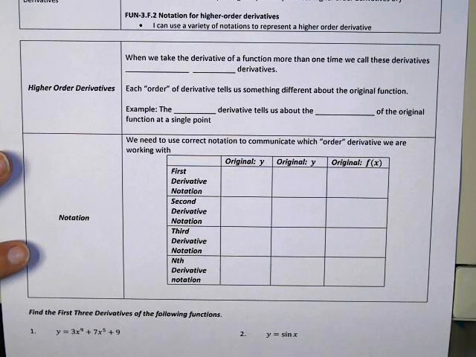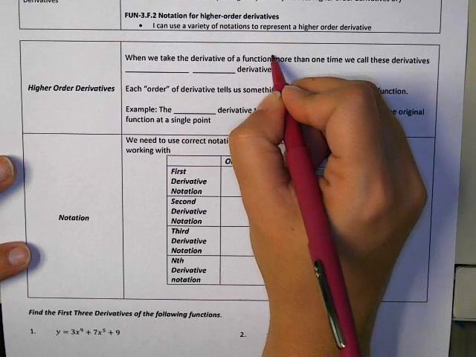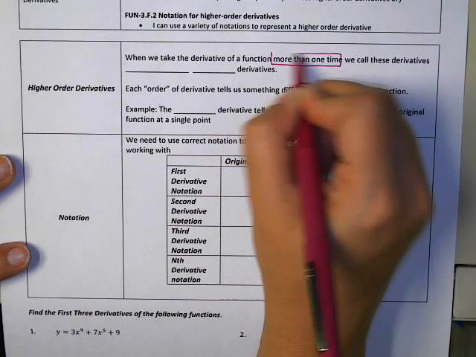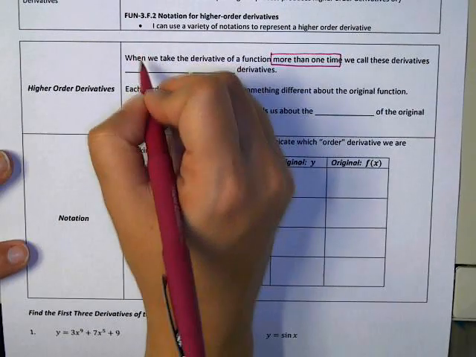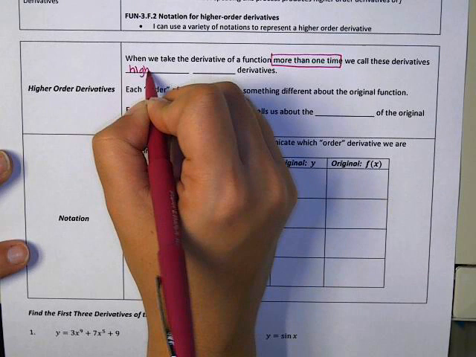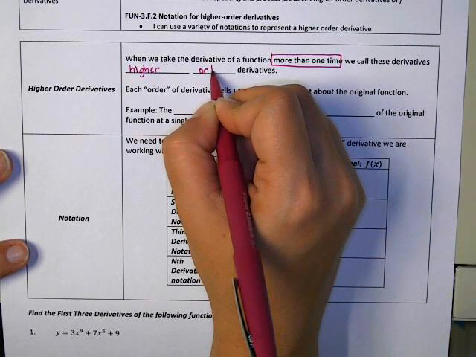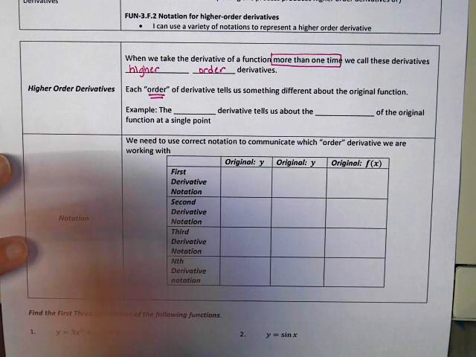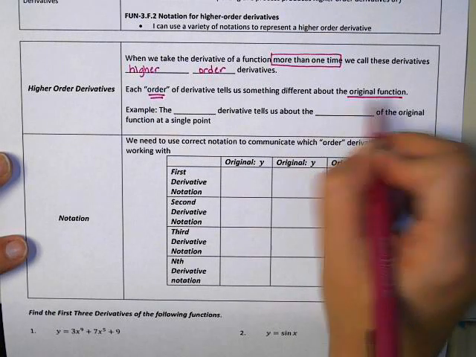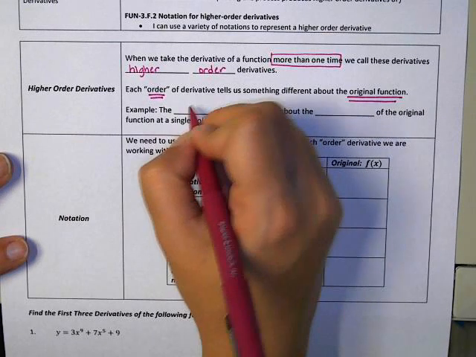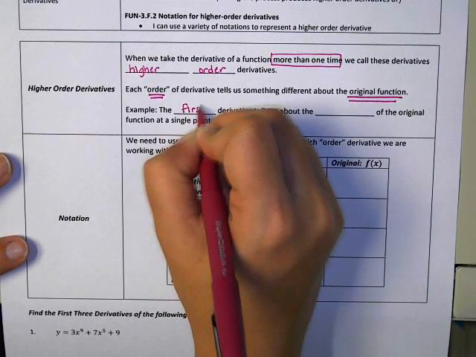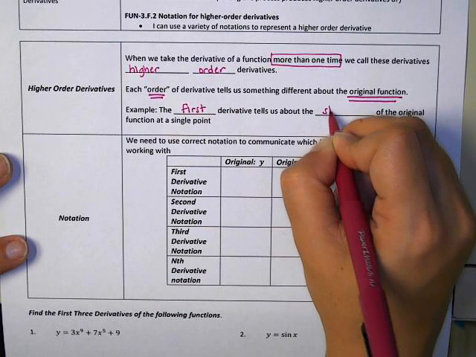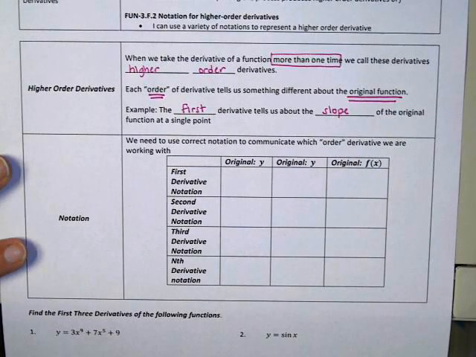When we take the derivative of a function more than one time, we call these derivatives higher order derivatives. Each order of derivative tells us something different about the original function. For example, the first derivative tells us about the slope of the original function.